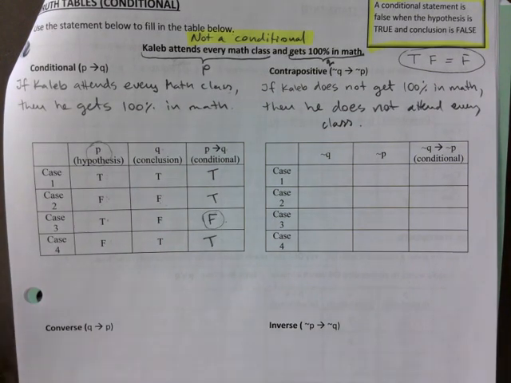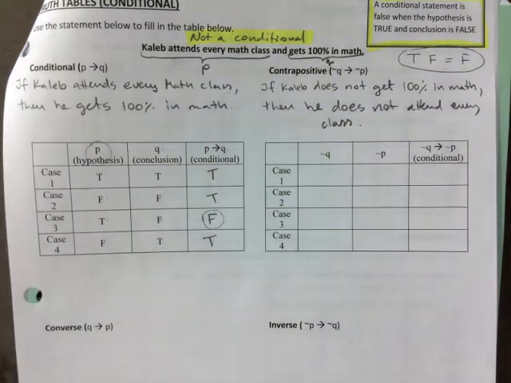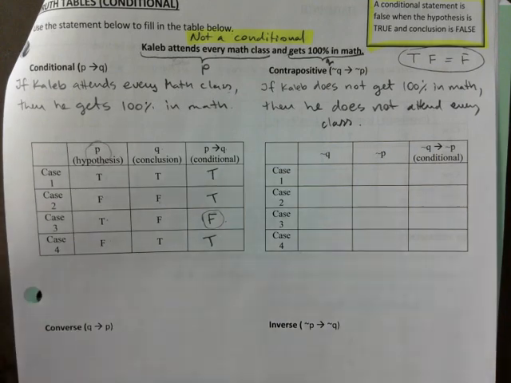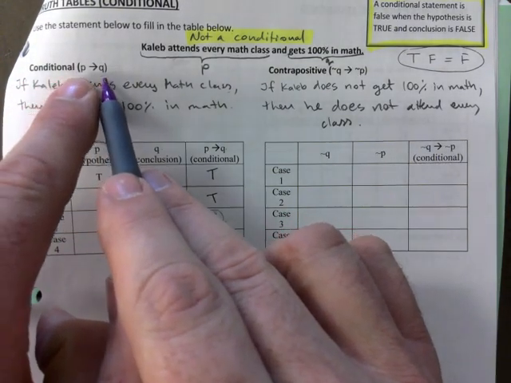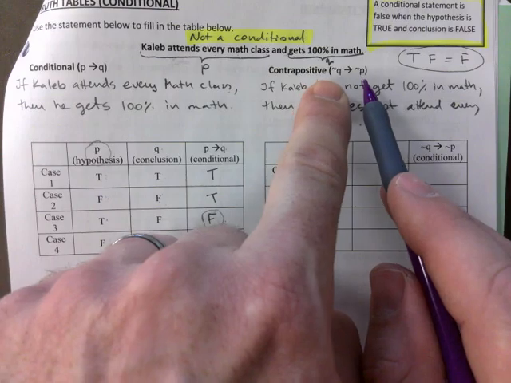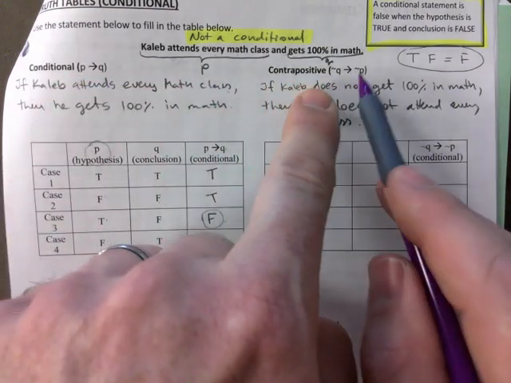He does not attend every class. So what have you just done, guys? To go from the conditional to the contrapositive, remember you got to flip the order and you got to negate both of them.